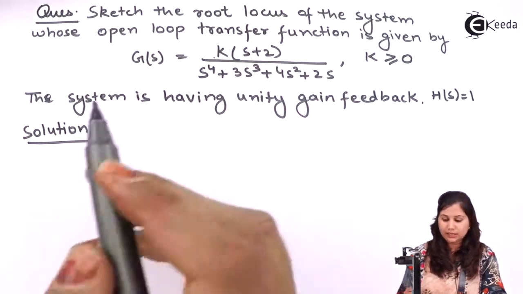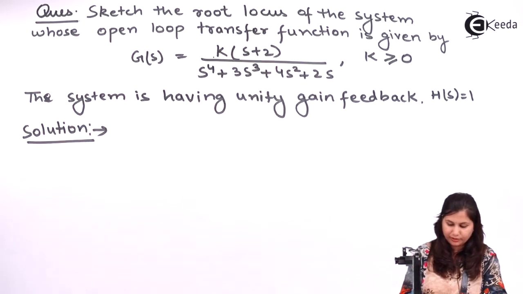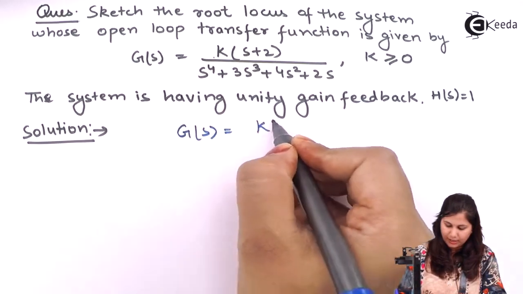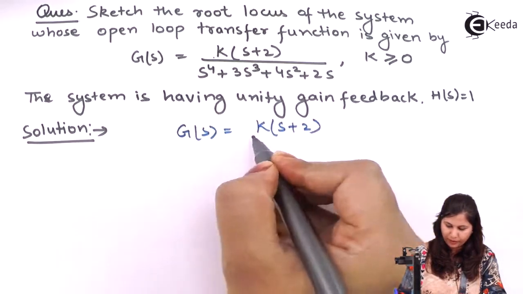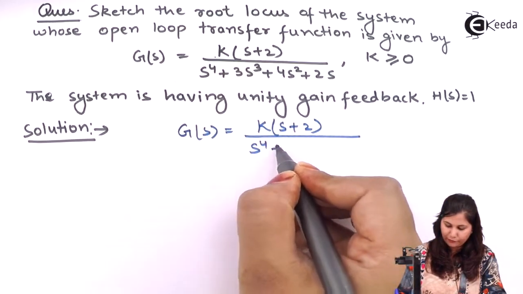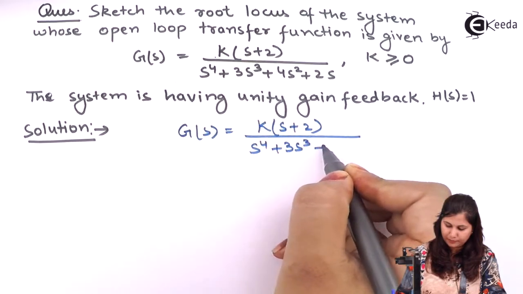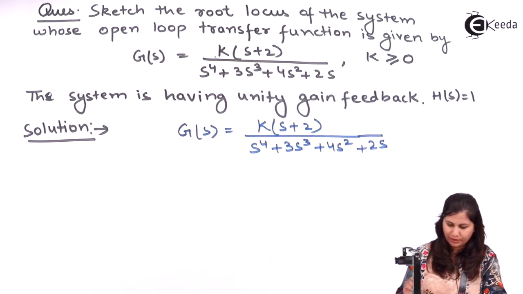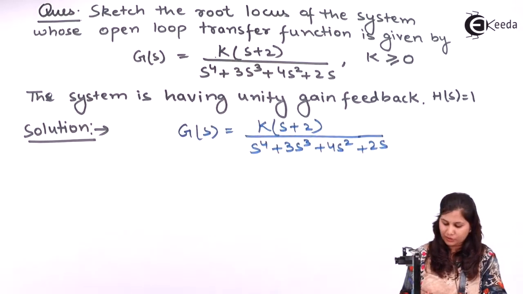We are given this open loop transfer function, that is G(s) = K(s+2) upon s^4 + 3s^3 + 4s^2 + 2s. Let's simplify this transfer function.